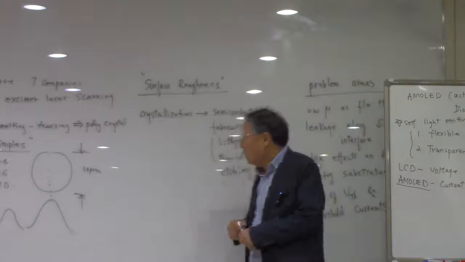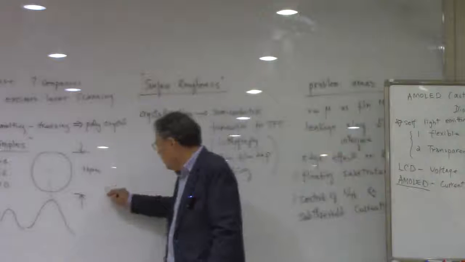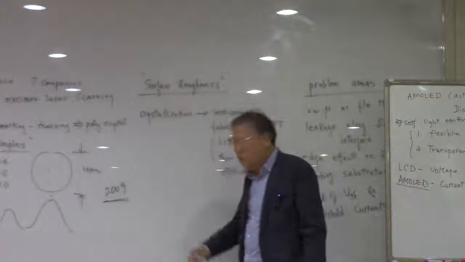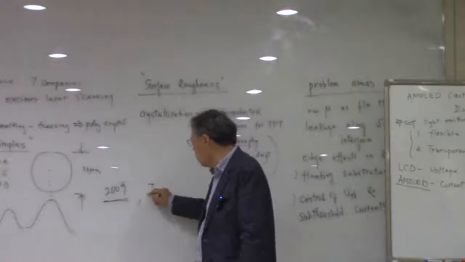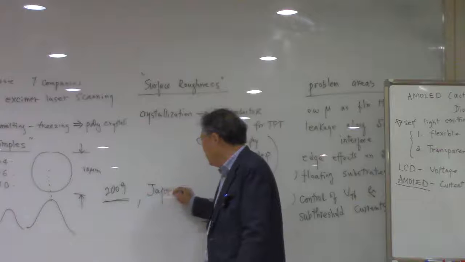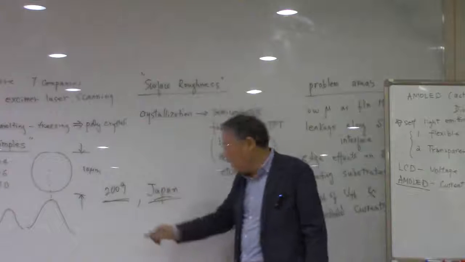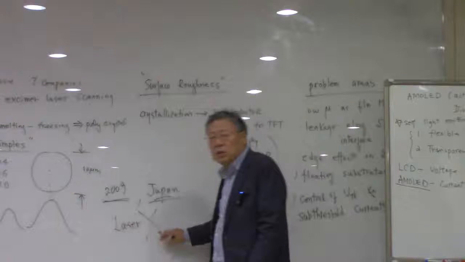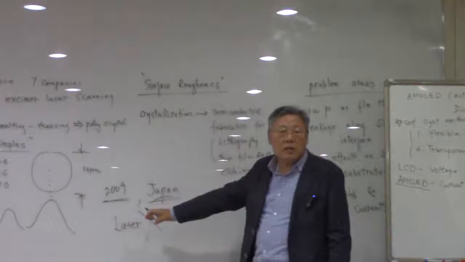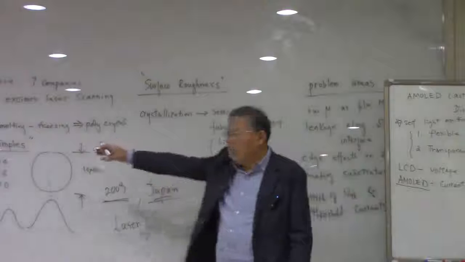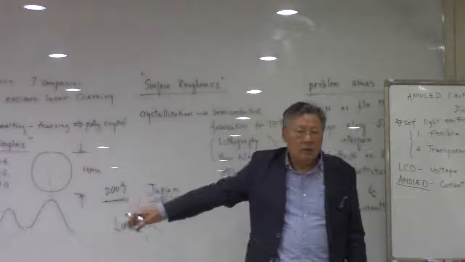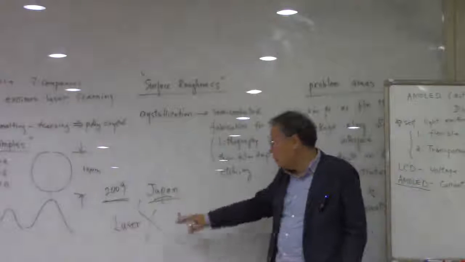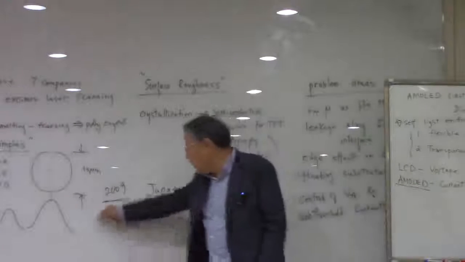So, as a conclusion, in late 2009, Japan as a whole, the 7 companies declared that laser technology cannot be used for the crystallization of the silicon deposited on the glass at low temperature without changing the substrate temperature anymore.